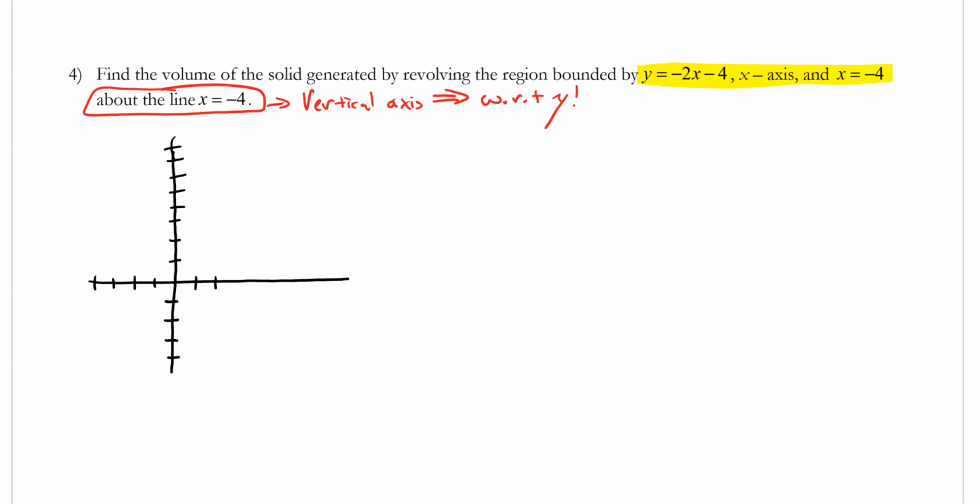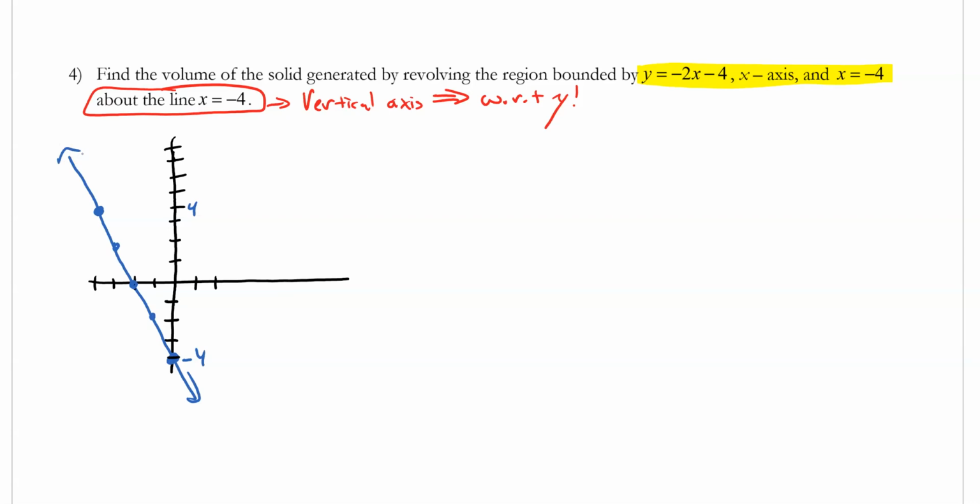Okay. So let's go ahead and graph our line. So this line's going to look like this. It's going to have a slope of -2. So we're going to something like this. Maybe here and here. Okay, so it looks like we're going up to 4 and down to -4. So that's my line. Y equals -2x minus 4.